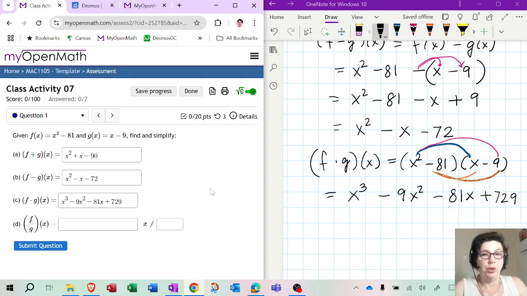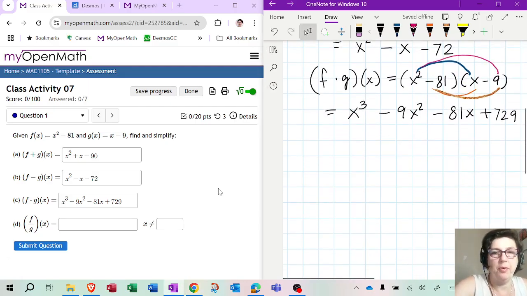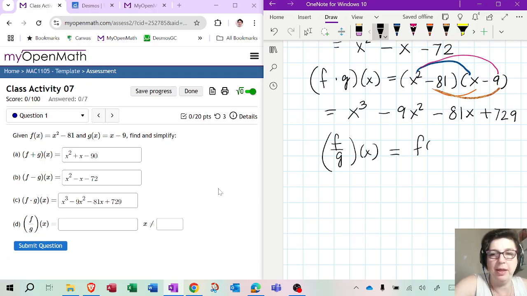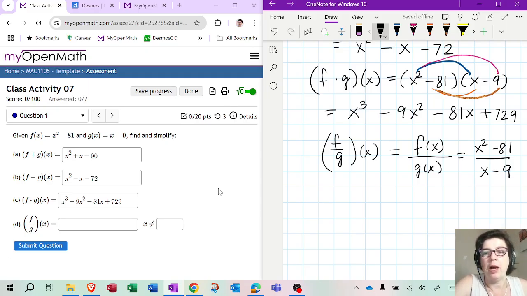Okay. So the next and the final step of this question is to find the fraction or the ratio. So here we got f divided by g of x. So what is that? Well, that's the same thing as f of x divided by g of x. So we're going to get x squared minus 81, and we're going to divide it by x minus 9. Now, how can you simplify something like that?